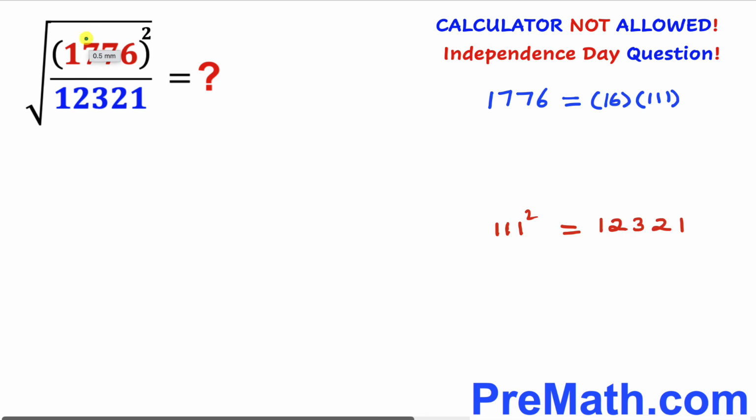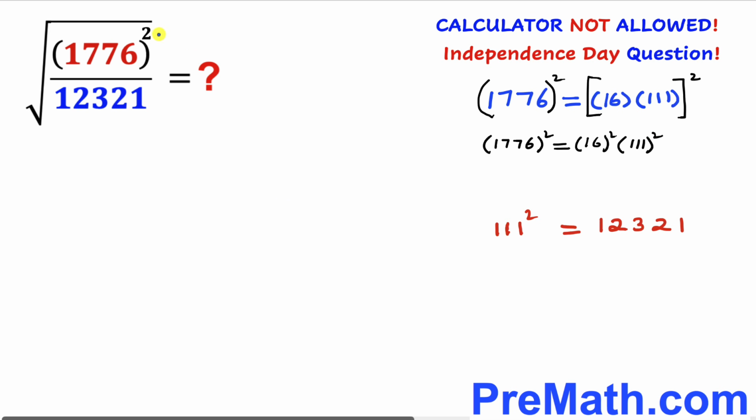Since we got 1776 whole power 2, I'm going to take power 2 on the left hand side, and likewise take the square on the right hand side as well. So 1776 whole square could be written as 16 square times 111 whole square.